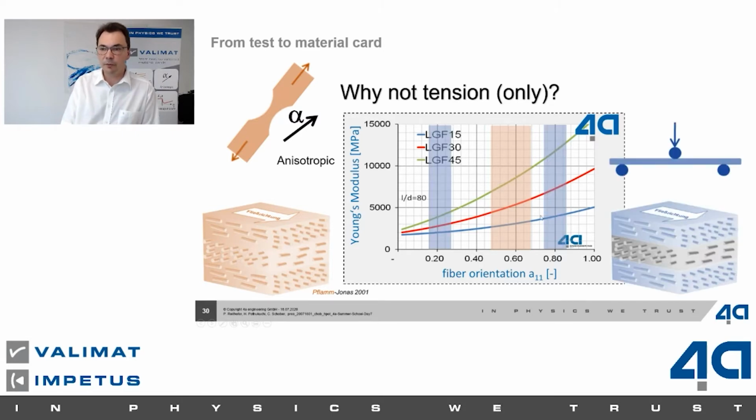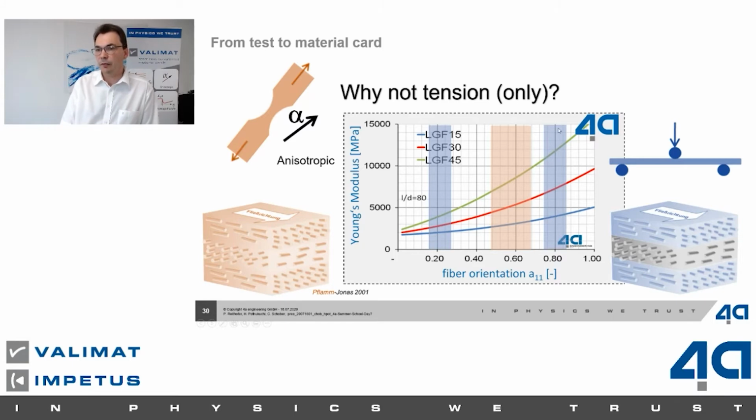On the other side, if we conduct bending tests, we will always focus on the skin, and therefore if we do tests in longitudinal direction, we will get high values because the fibers are orientated in flow direction, the same as in the outer layer of the bending test. And if we do the test in transversal direction, we get values for the transversal properties.